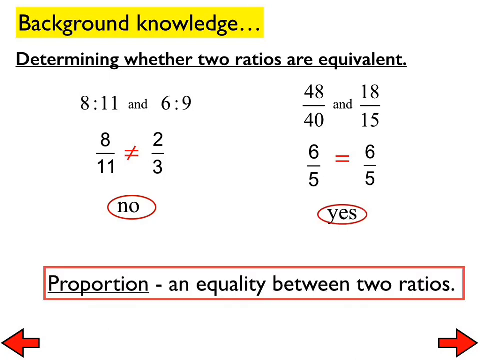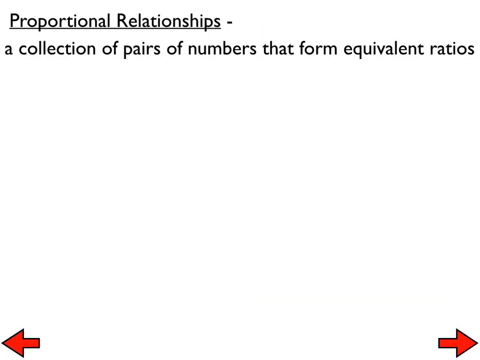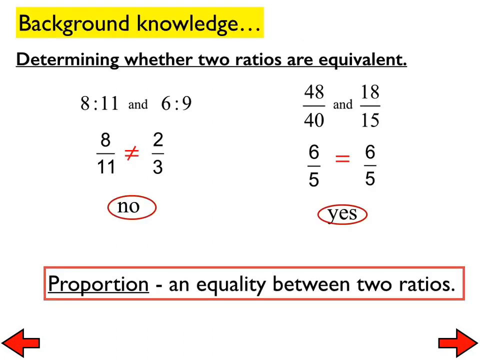So we defined this a few lessons ago, that a proportion is an equality between 2 ratios. Well, proportional relationships, and I need to back up for a second because some of you did not write that in your notes. So let me back up. A proportion is an equality between 2 ratios.